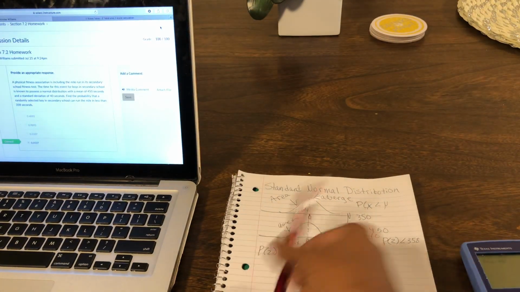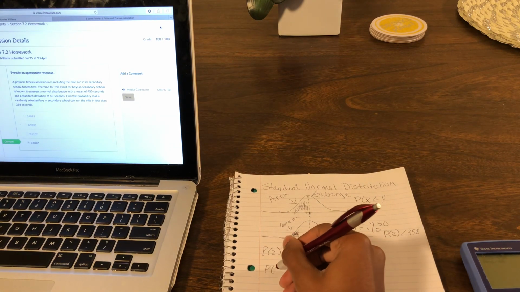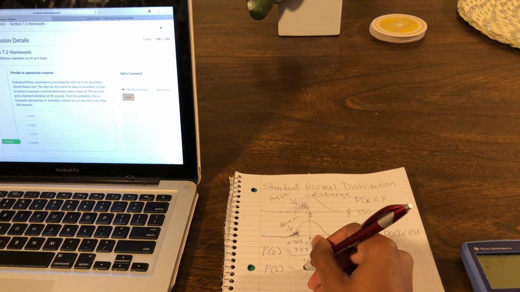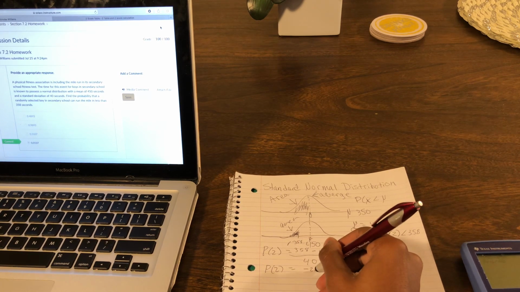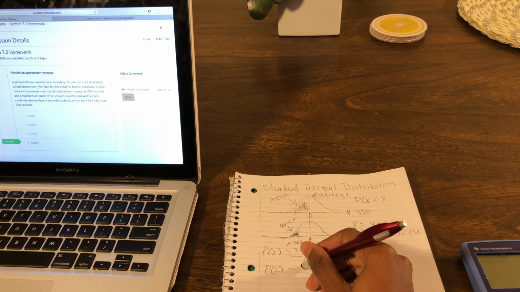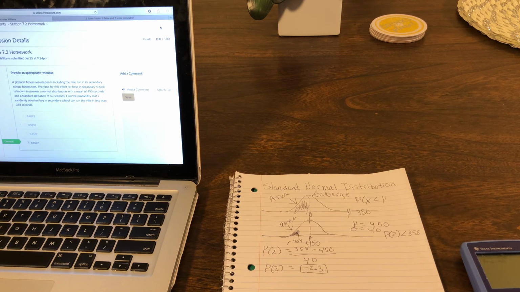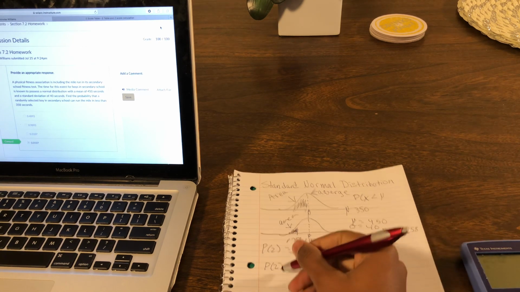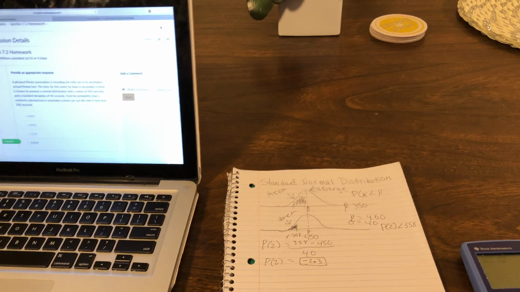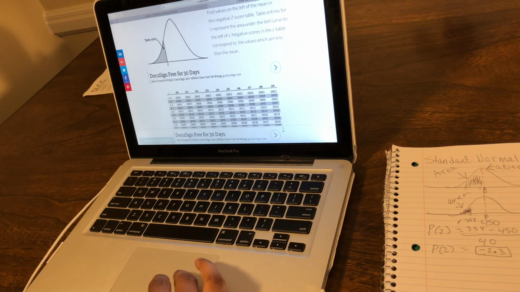All right. So we're going to put P of Z is equal to negative 2.3, right? So this is what we're working on right now. So next, what you would have to do is find your z-score, right? So we need to find the z-score. So let's go to our z-score chart.